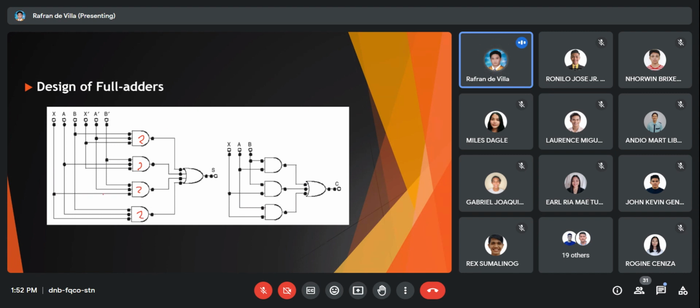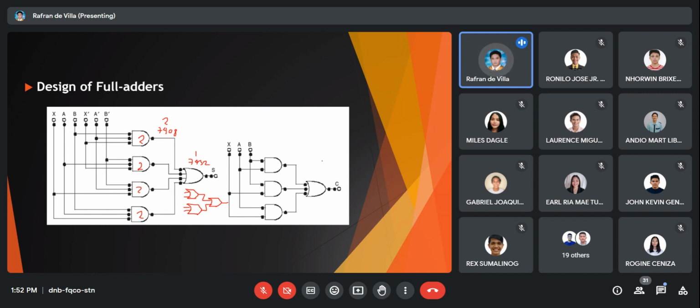Imagine if you're going to be constructing the actual circuit, you would have two 7408 chips, and then here you'll be using 7432, utilizing 3 OR gates to implement this 4 input OR gate. So it's quite cluttered.